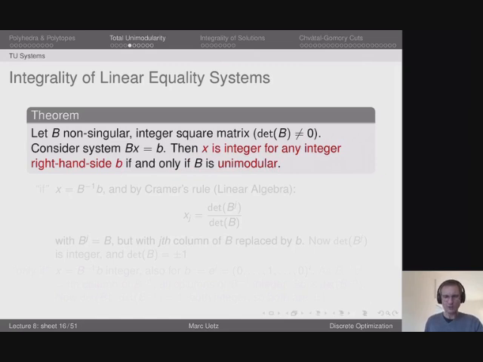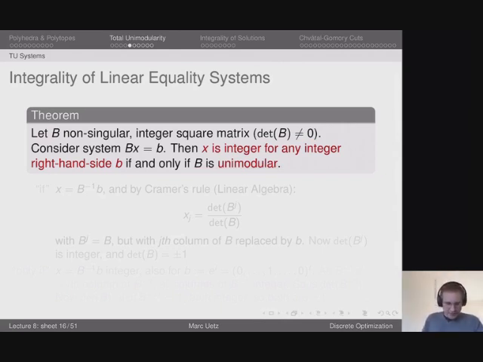So at the moment we still talk about unimodular matrices, so this is a square matrix B and the determinant should be non-zero. So unimodularity now requires that the determinant of B is plus or minus 1.